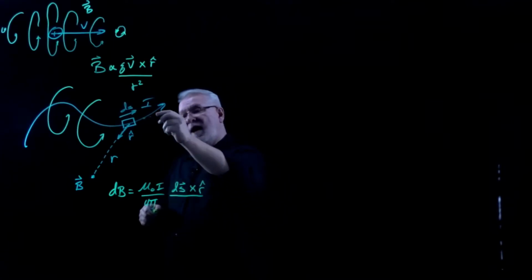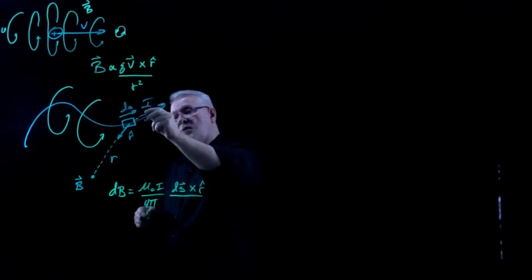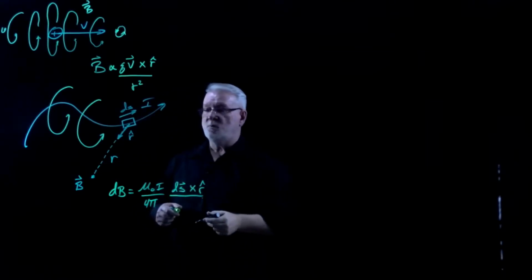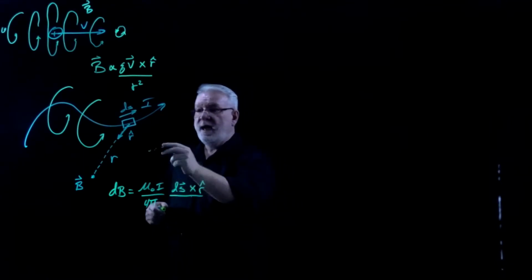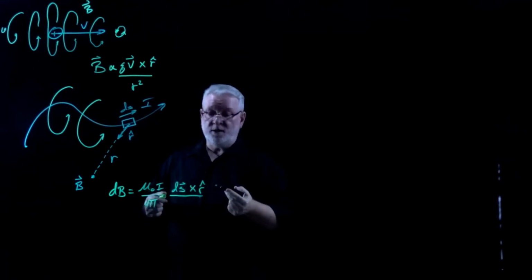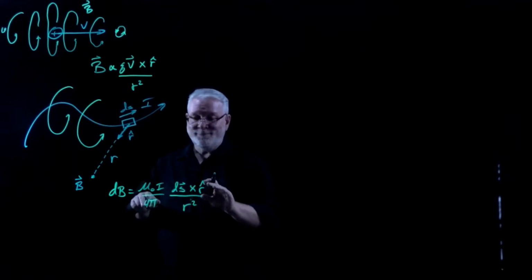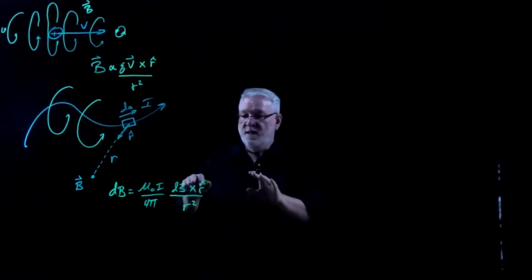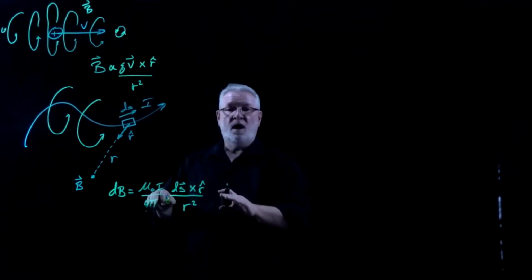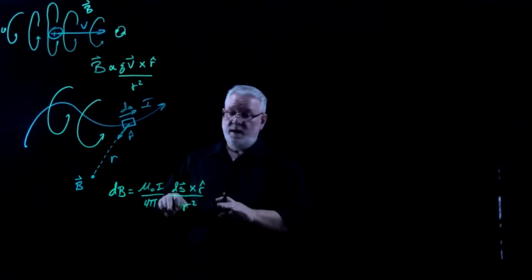And of course, the r hat vector is defined in terms of the location where we're evaluating the current, directly back towards the location we're evaluating the magnetic field. And it's always a unit vector, so it'll only have a magnitude of 1. And then that whole thing will be divided by r squared. And there it is. This is called the law of Biot and Savart.